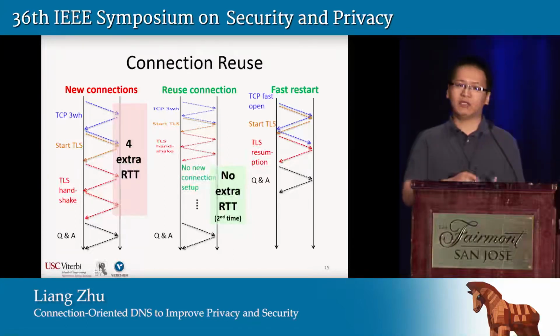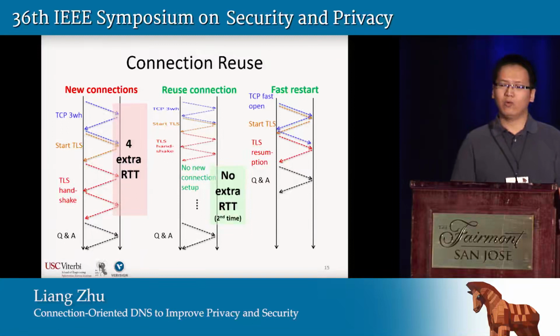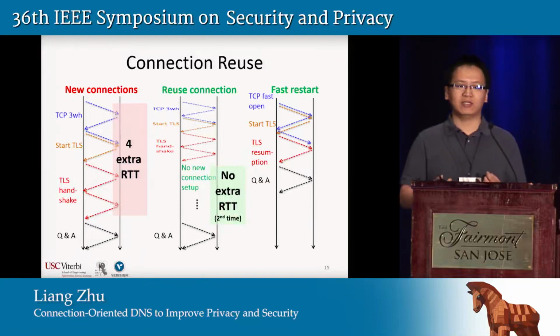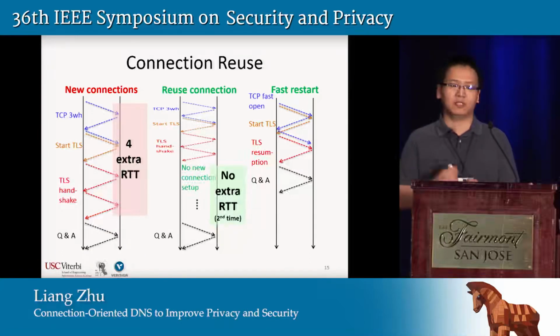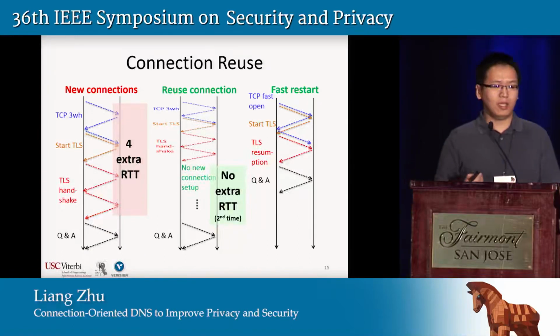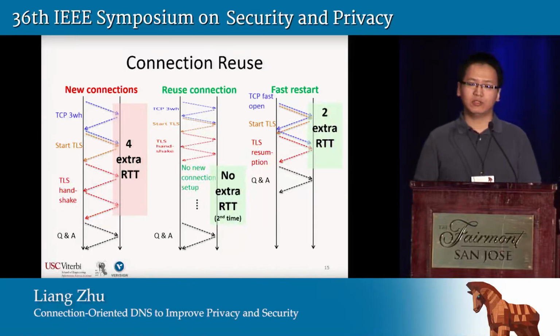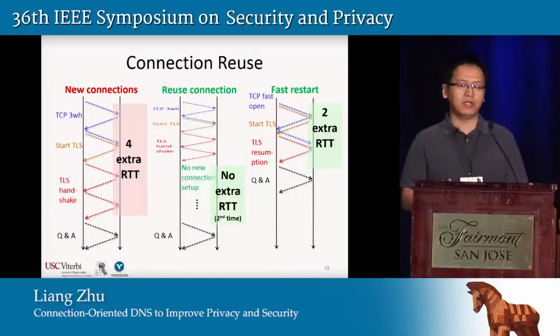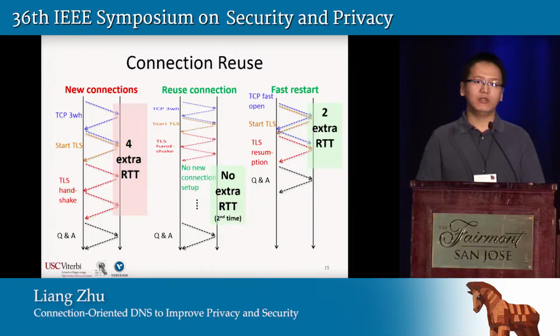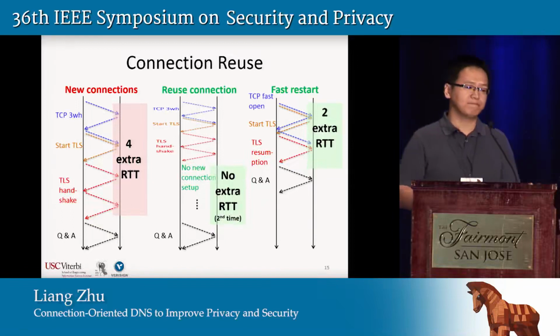If a server cannot do that, we want to push the connection state to the client and let the client keep tiny information to restart the connection quickly. Here the connection restart requires 2 extra RTTs. However, it is still better than a new connection with 4 extra RTTs.